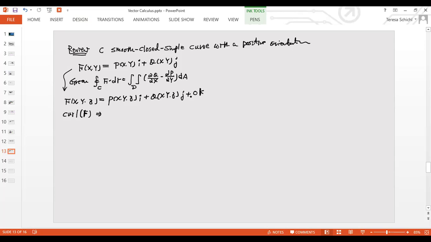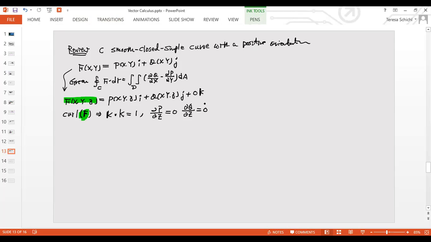Because this is the case, k dot k is equal to 1. Right now we are looking at the curl, and if I color-code it, maybe it's better. The partial of P with respect to z is equal to 0 because I don't have a z value. In the same way, the partial of Q with respect to z is equal to 0.